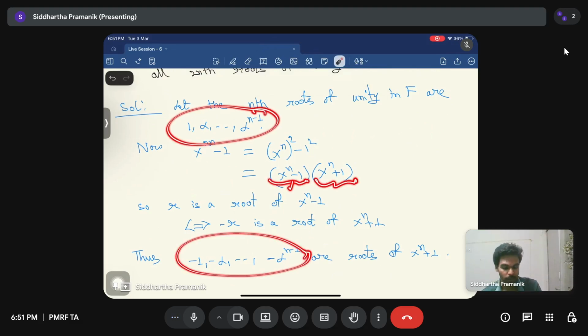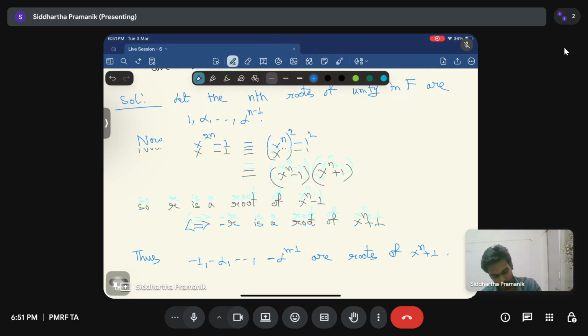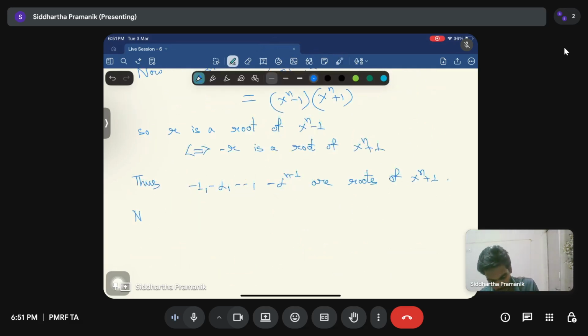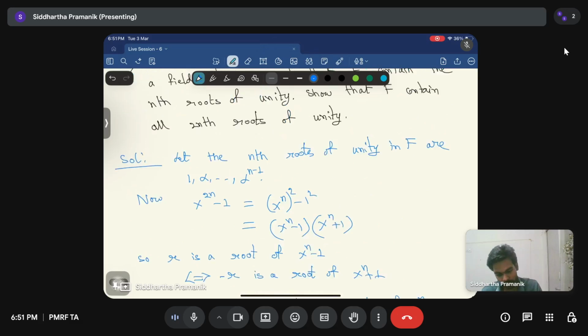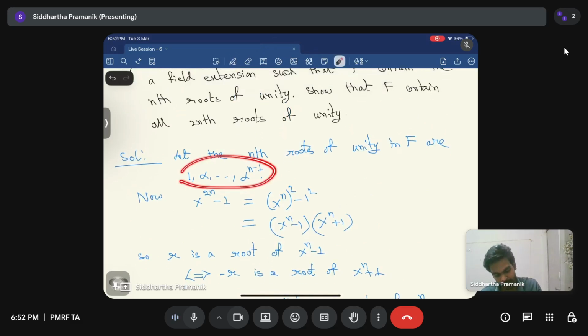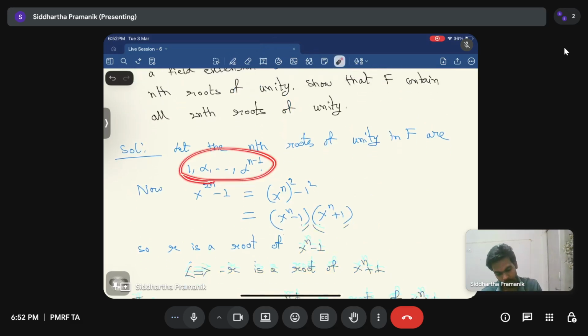So altogether we have 2n elements. These can be candidates for the roots of this, but are all these roots distinct?